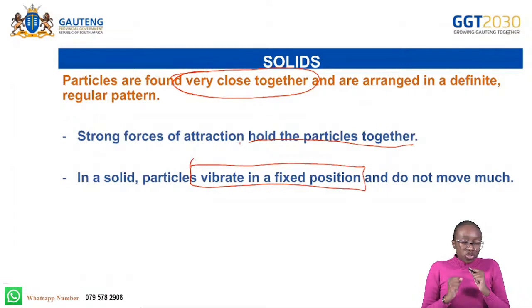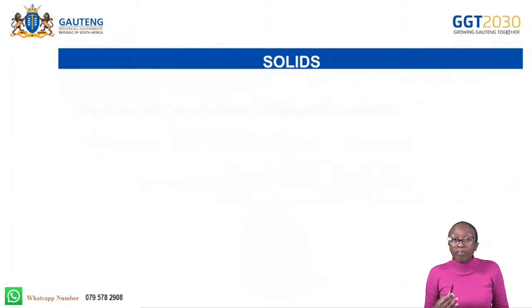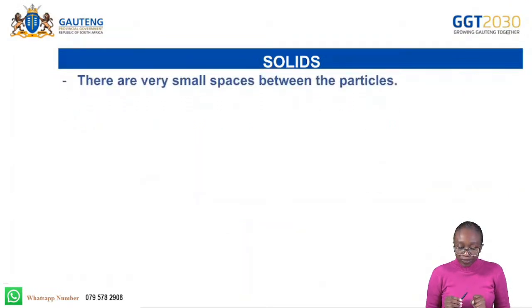I'm just going to be vibrating in this one fixed position. So this is how the particles are arranged in solids and how they behave in terms of movement. They vibrate in one fixed position.